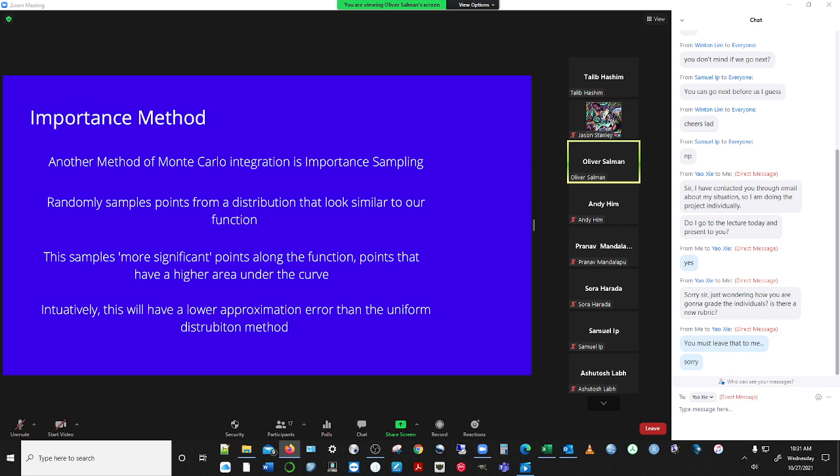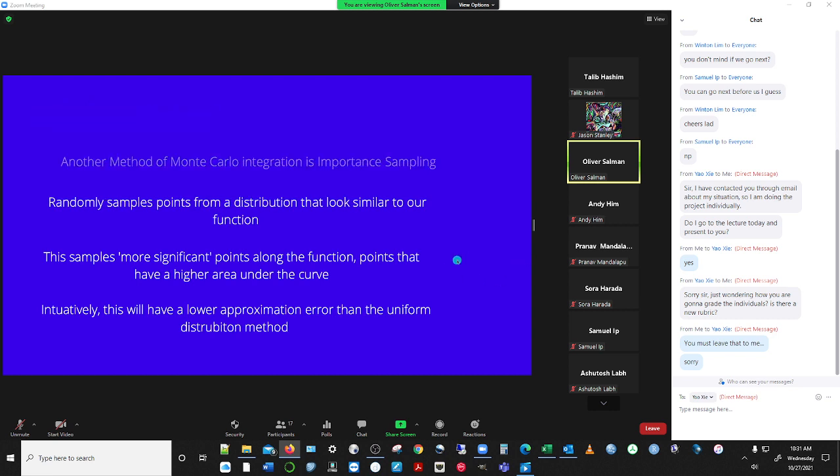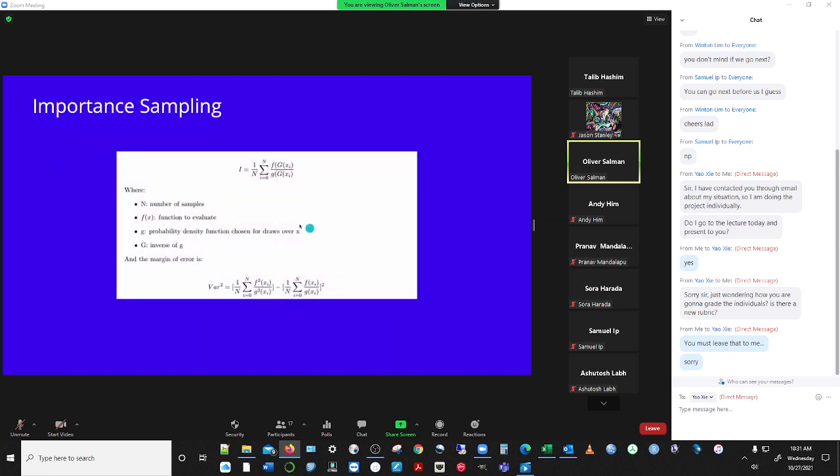Doing this, we are able to sample more significant points along our function of interest, meaning points with a higher area under the curve. This is our formalized importance sampling method, with our margin of error just being our variance squared.